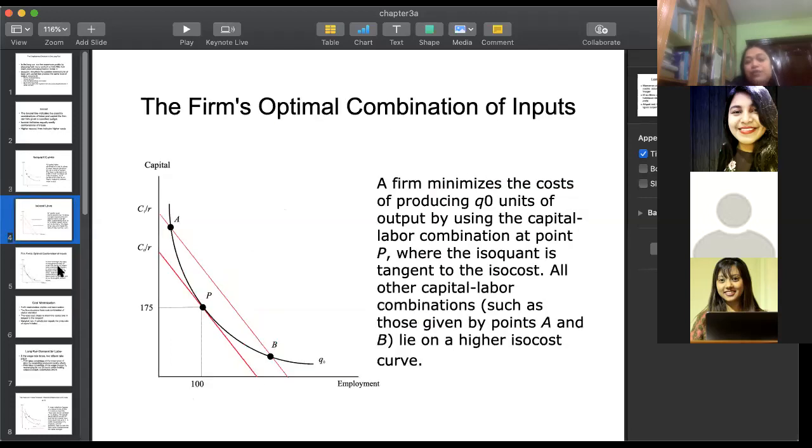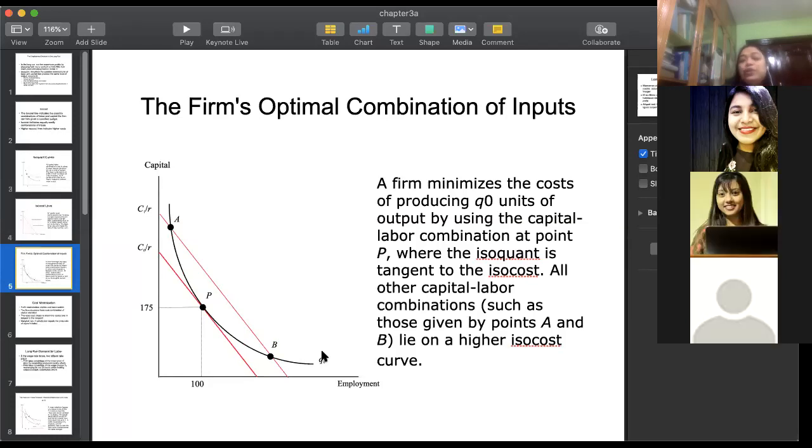So if you think of it this way, you want to figure out that combination of labor and capital that can produce a certain amount of output Q0, but at the lowest possible cost. If you are a profit maximizing firm and you want to produce a certain level of output, how should you proceed?